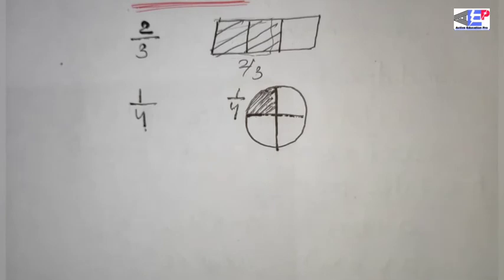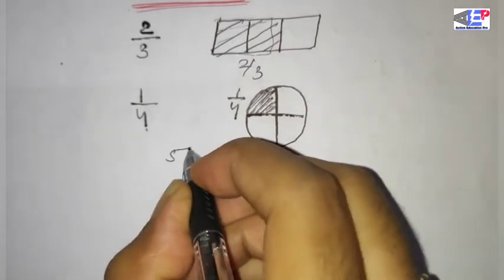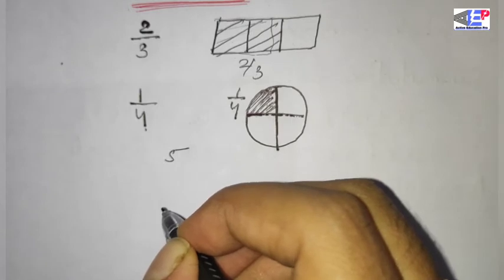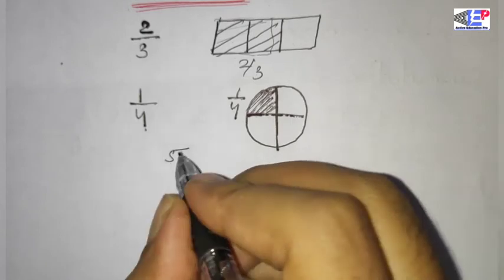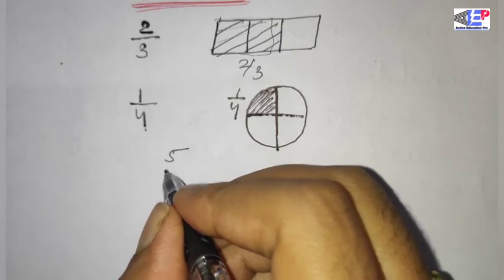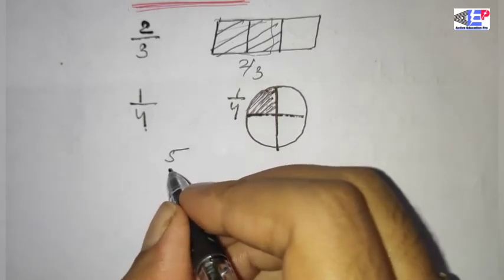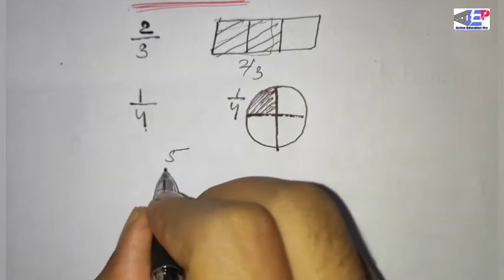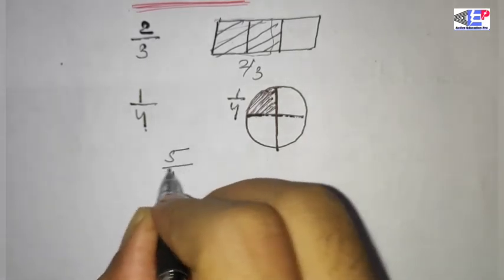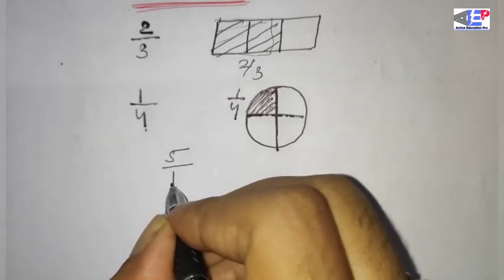Even if you write 5, you know 5 is a whole number, a positive integer, a real number, but here it is not in the form of p by q. But you can write 1 as its denominator. Put a dash and write 1 below it.